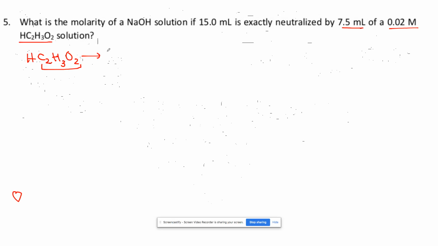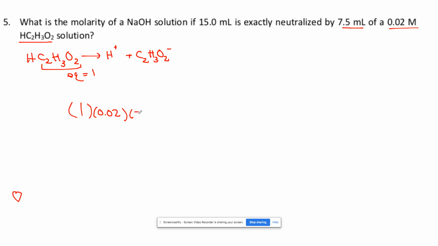How it's going to break apart is you're going to have the H plus, this front part, and then C2H3O2 stays together. So my equivalence is just 1. 1 times 0.02 times 7.5. There's my acid side.